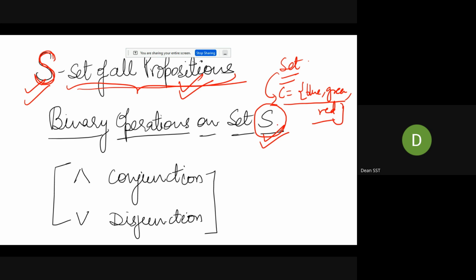What are the operations that we can perform on it? We have conjunction and disjunction. P and Q is conjunction, and P or Q is disjunction. These are the operations that we can perform on propositions.